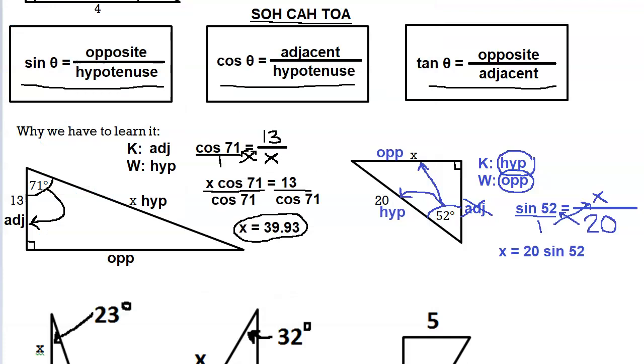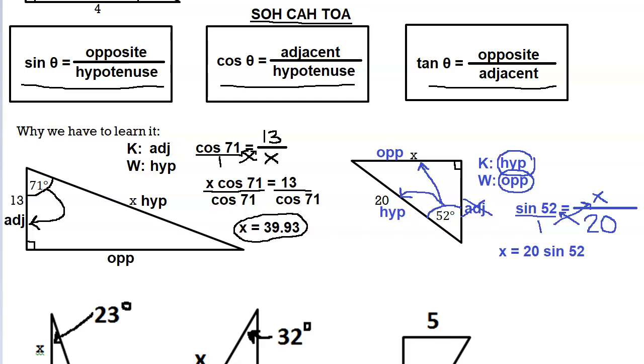Anyway, what was our guess? Like, we didn't really make one yet. What's our guess? Well, if the hypotenuse is 20, then that means both of the other sides have to be less than 20. So my guess is, I don't know, 14, 15, something like that. Something less than 20.